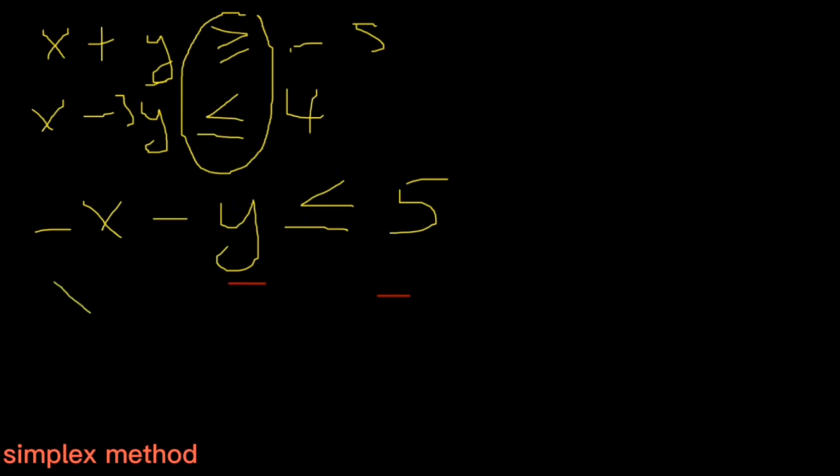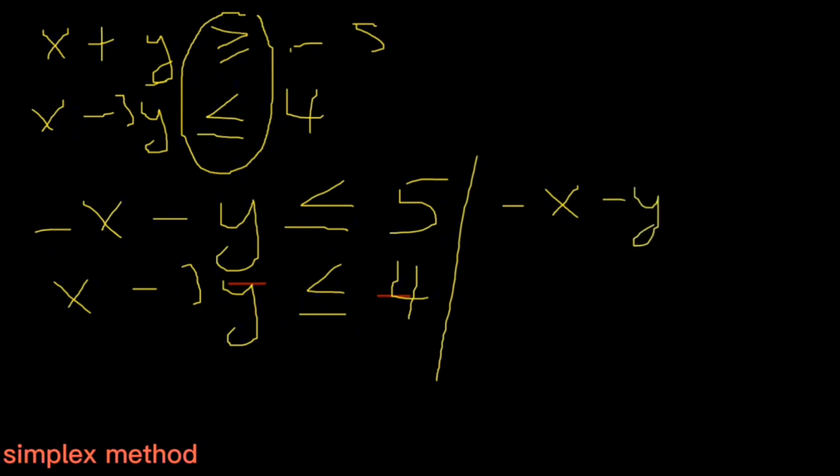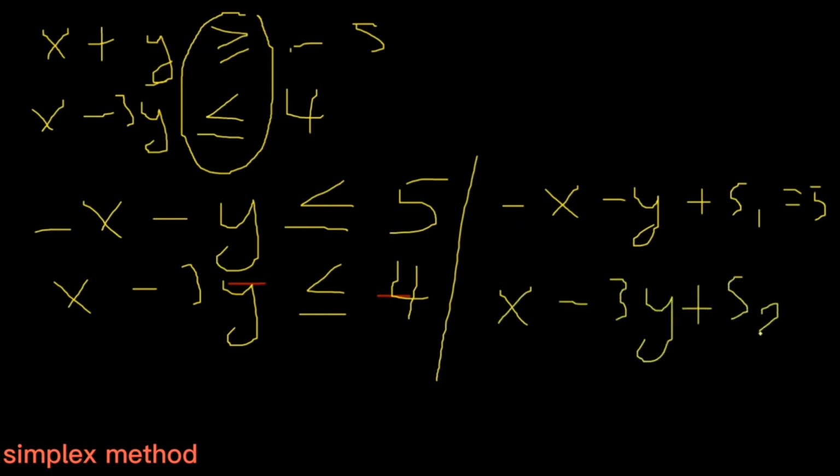And x minus 3y less than or equals to 4. I'm going to add a slack variable here, that is minus x minus y plus s1 equals to 5, and x minus 3y plus s2 equals to 4. Okay, that is what we're going to have here. Hope you understand this part.